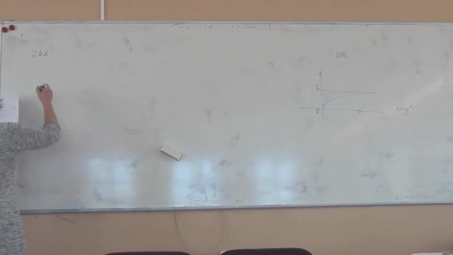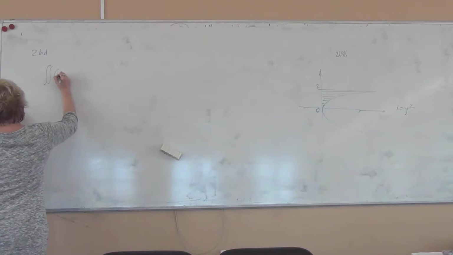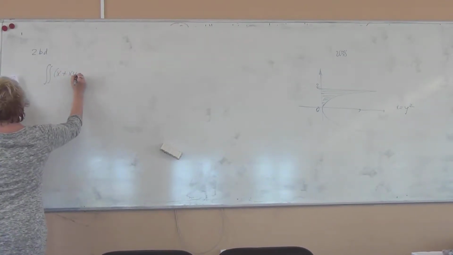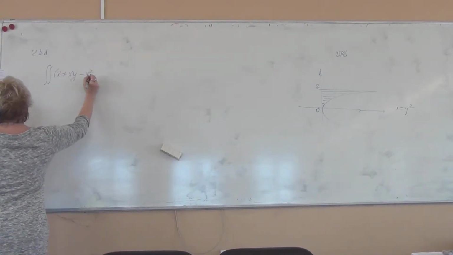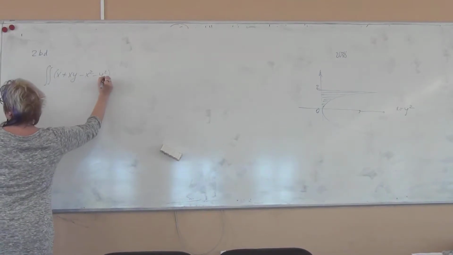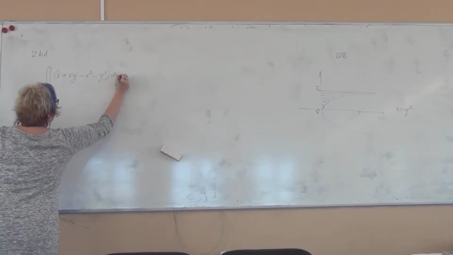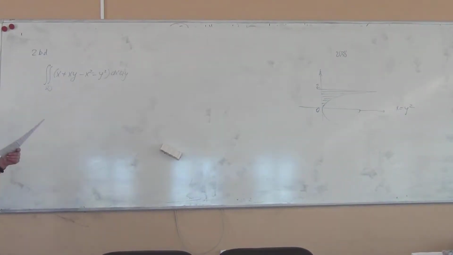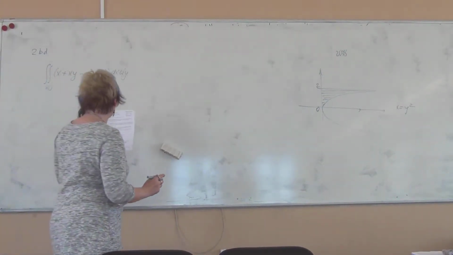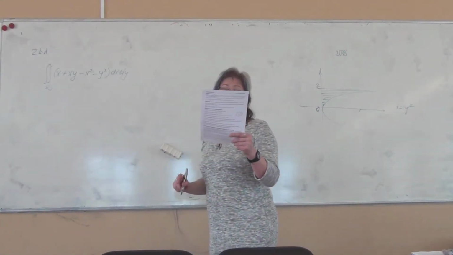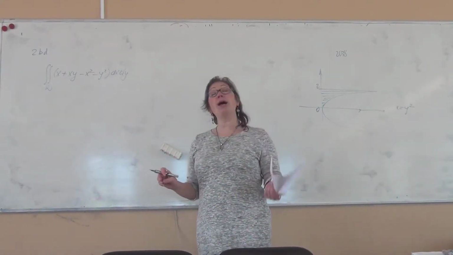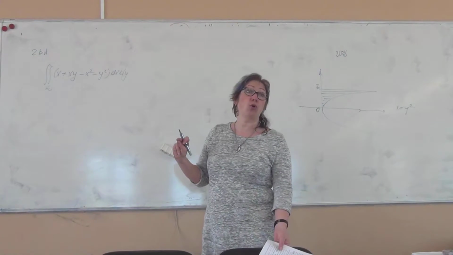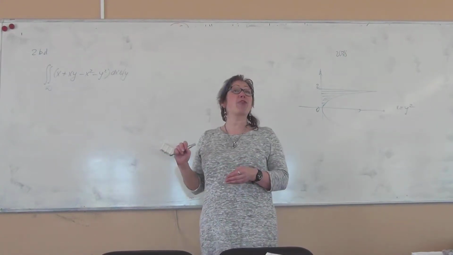Okay, so we have this double integral, x plus xy minus x squared minus y squared dx dy. And the region of integration is defined by x between 0 and 1, y between 0 and 2. So this means it will simply be a rectangle.